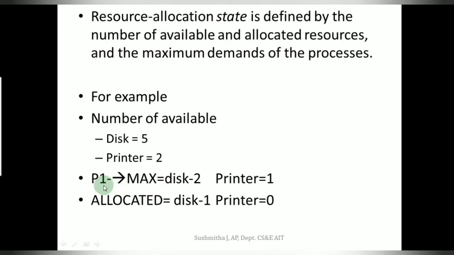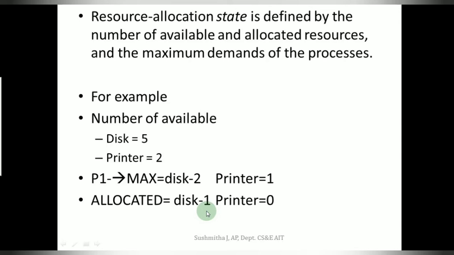Now, process P1, to complete its execution, needs 2 hard disks and 1 printer. What have I already allocated to process P1? I have allocated 1 hard disk. I still have to allocate another hard disk and a printer.